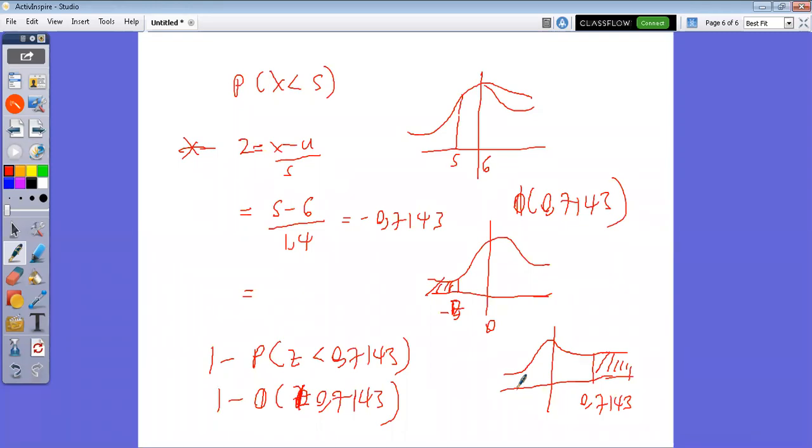What answer do we get, Maxine? I got 0.7143.